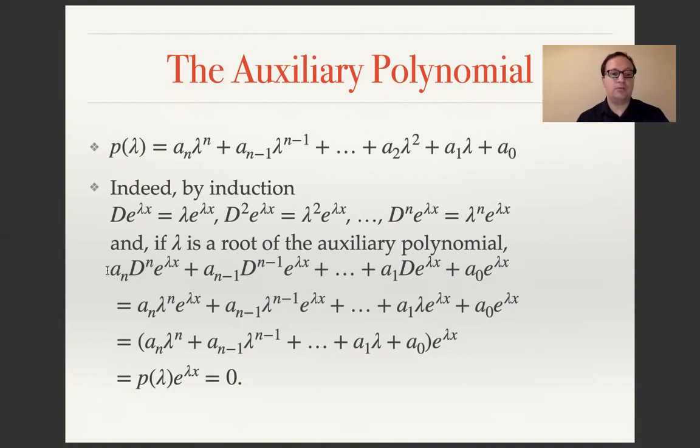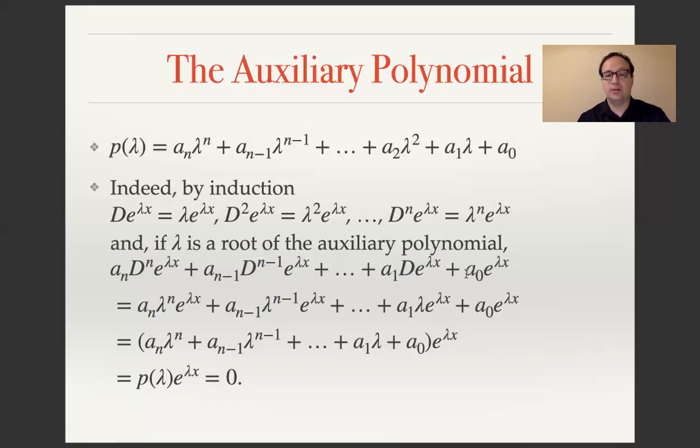So then when we apply this differential operator to e to the lambda x, each derivative of order n produces a lambda to the n. So d to the n produces lambda to the n, d to the n minus 1 produces lambda to the n minus 1, times e to the lambda x, etc. And for example, the last one is a1 times the derivative of e to the lambda x, and this becomes a1 times lambda e to the lambda x.